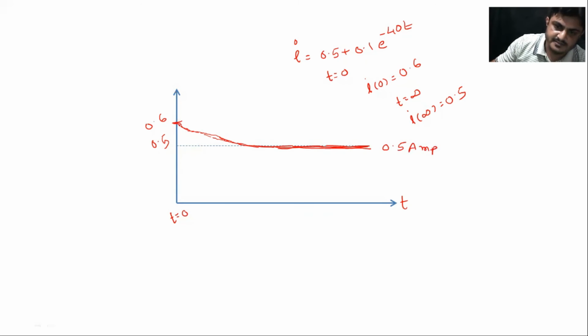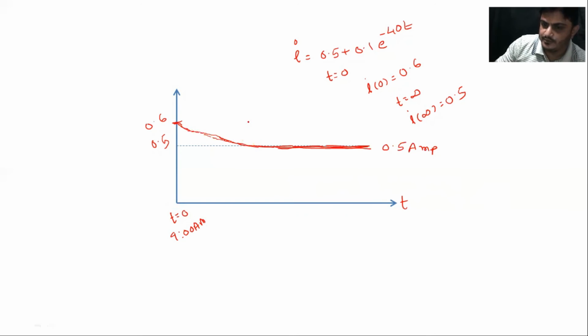So remember, this is my point at time t equal to 0. For our case, this is 9 a.m. Just before 9 a.m., the current flowing through the inductor is 0.6. Just after 9 a.m., the current flowing through the inductor is 0.6. In both cases, the current is 0.6. Then the current flowing through the inductor gradually decreases.